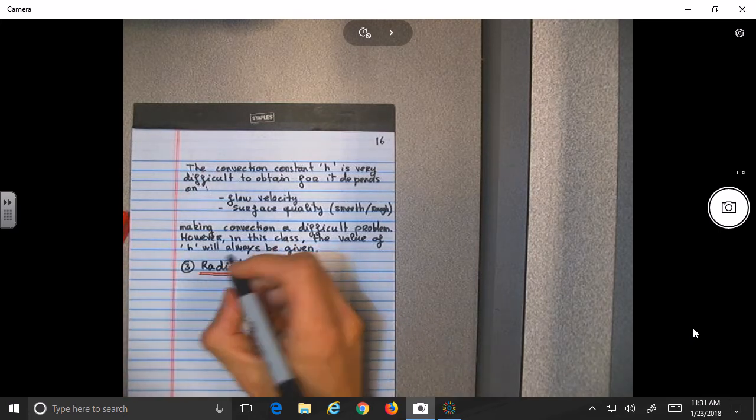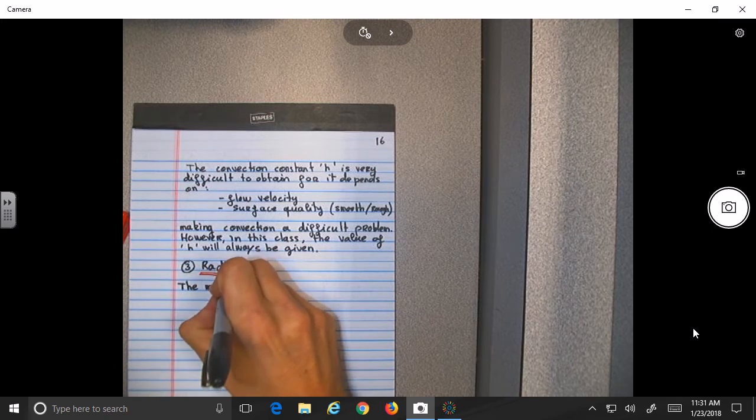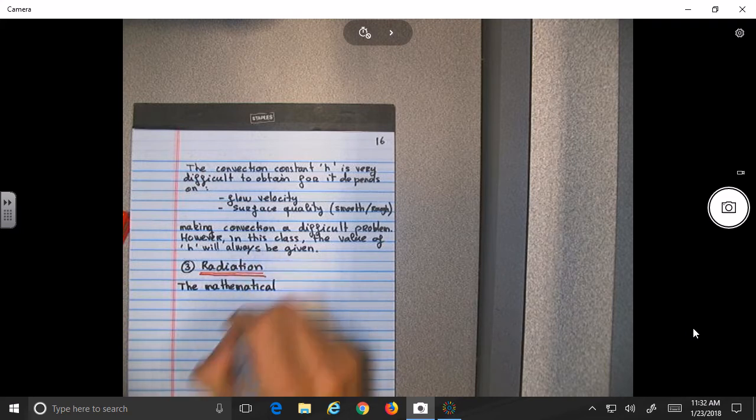What do we say about radiation? Is that it requires no medium. All right. So that one has a couple of constants that I don't know, to tell the truth. So radiation. Okay. So let's say the mathematical relation, what did I say before?